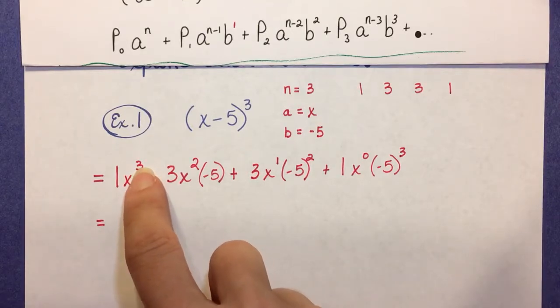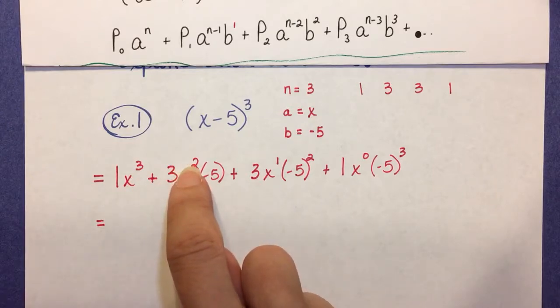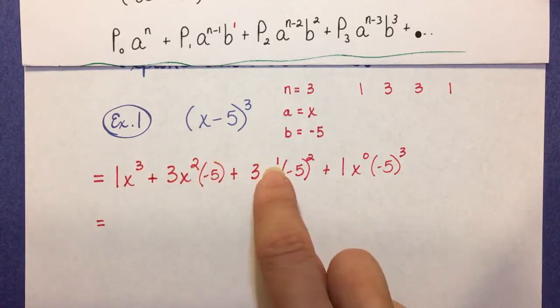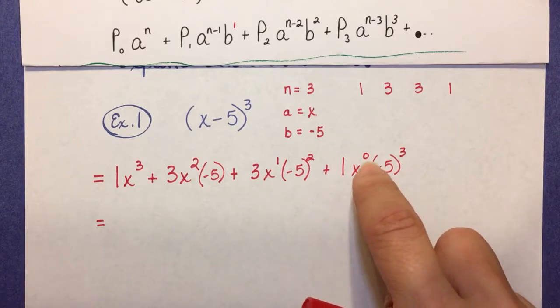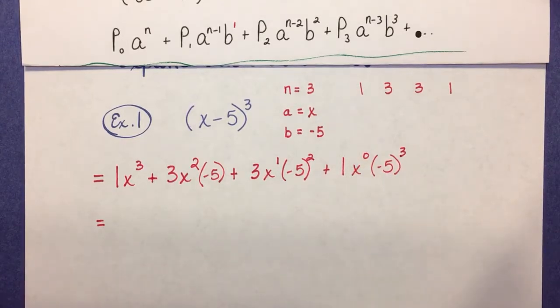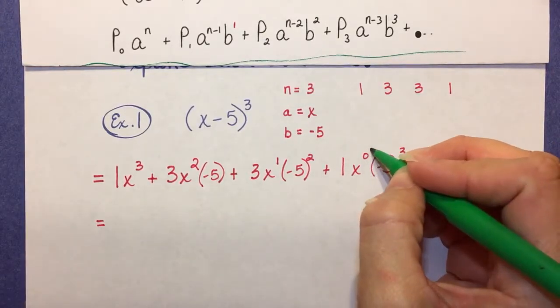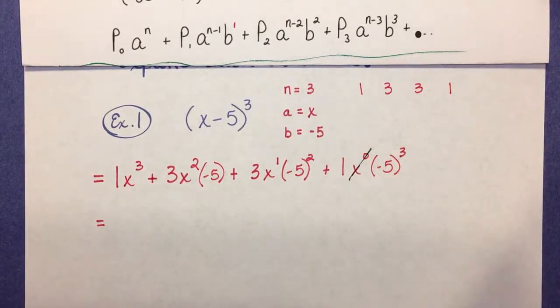But then as you work it, it's just going to keep going down 1. So third power, second power, first power. But like I said, once you get to where it says 0 power, there's really not even a need for you to write that in there, okay?